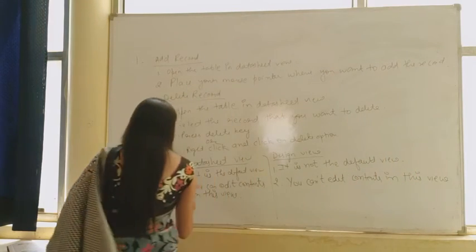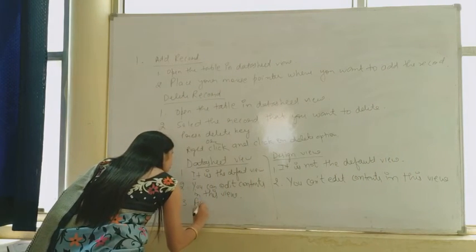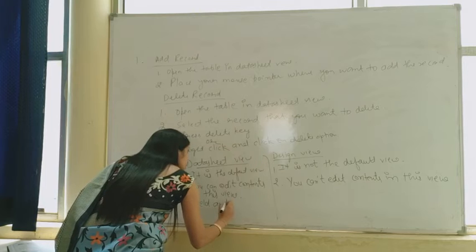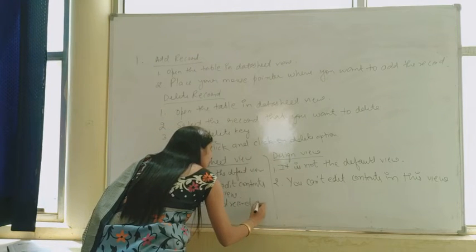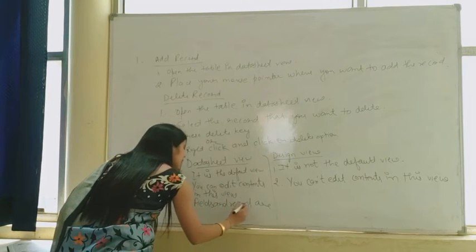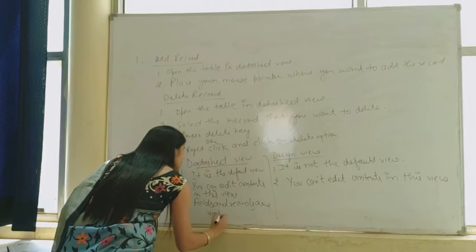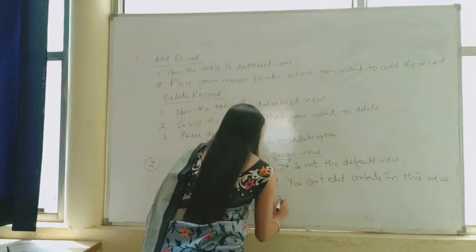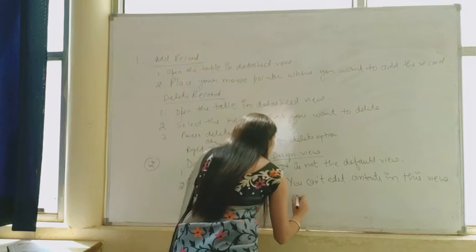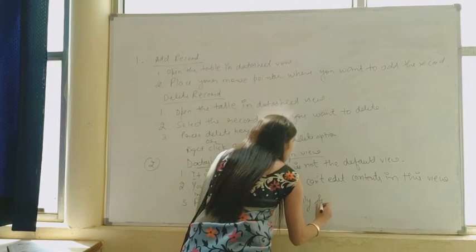Now the third point: in datasheet view, fields and records are visible. And here only fields are visible.